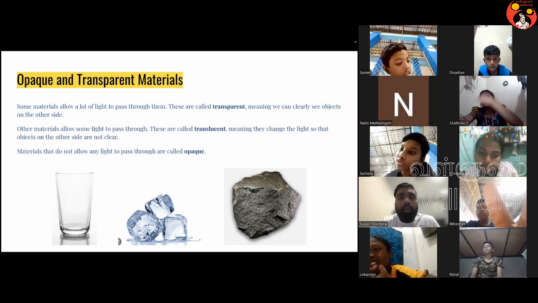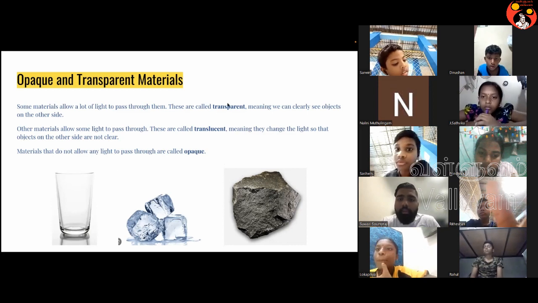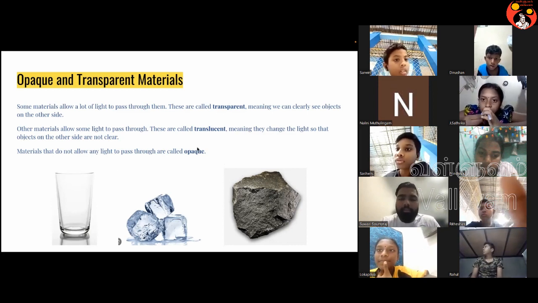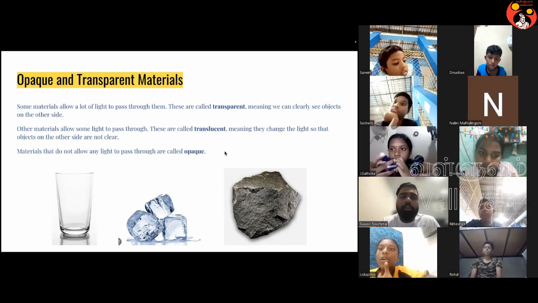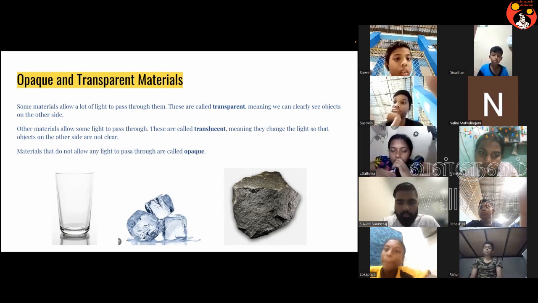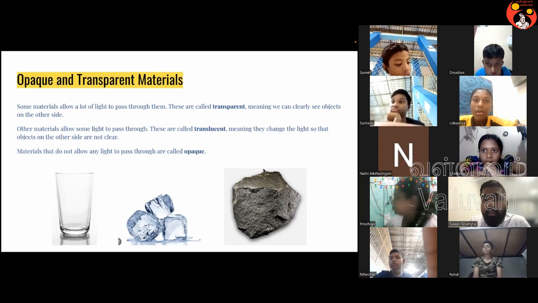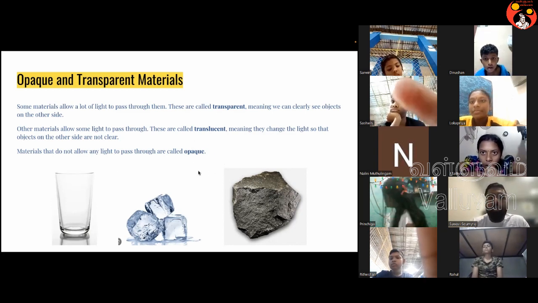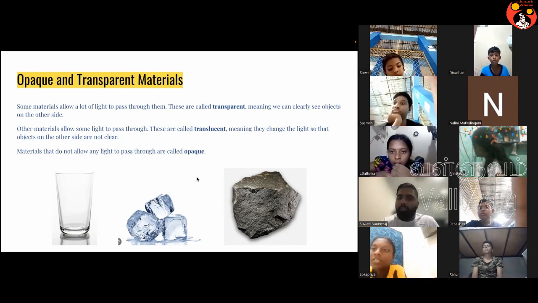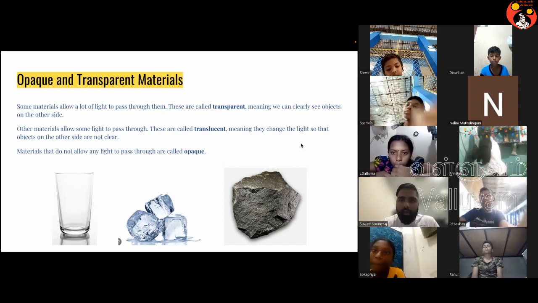Good question. So what do you think, Dinishan? Out of the three, transparent, translucent, opaque, which one do you think the rock is? Opaque. Yes, opaque. Exactly right, because the rock is not going to allow any light to pass through.